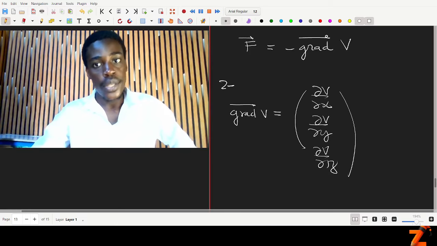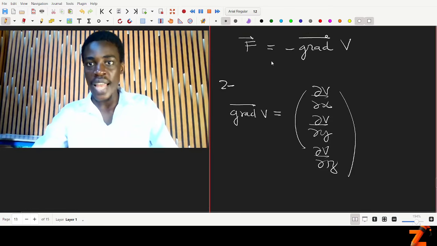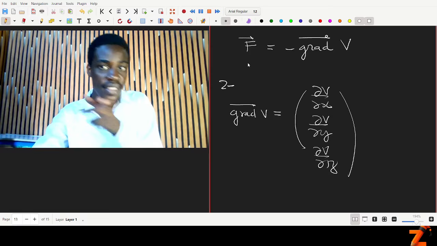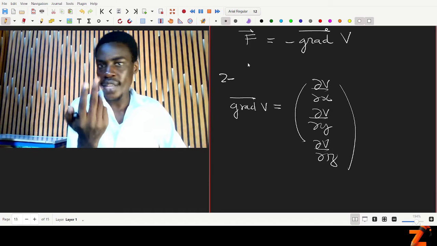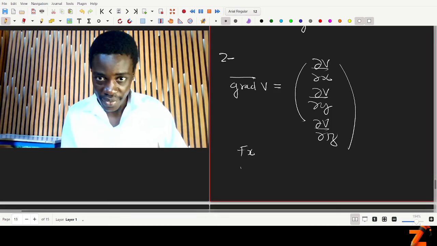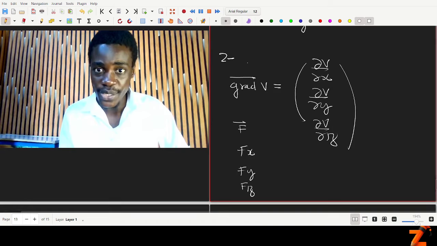So the vector f is equal, like I said previously, to negative gradient of v. So I can say that f has three components: fx, fy, and fz. That is the vector f.